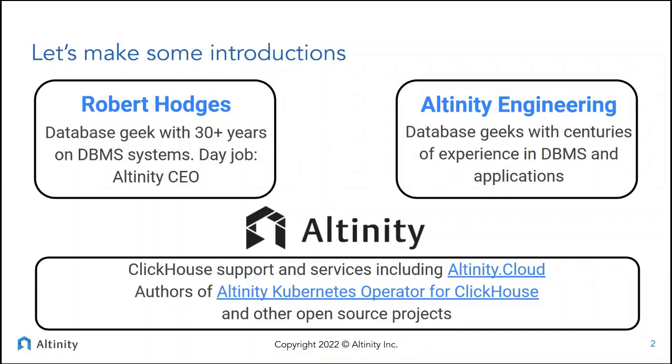My day job is CEO of Altinity. I'm backed up by a really great engineering team, with absolutely awesome experience with databases, particularly analytic databases, and the applications built on them. A lot of what we present at our talks is based on their experience.